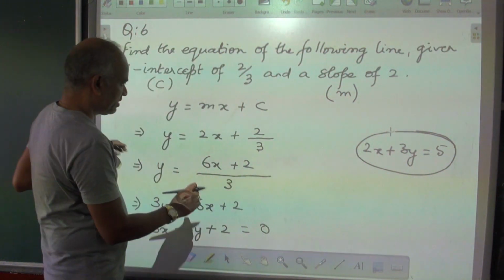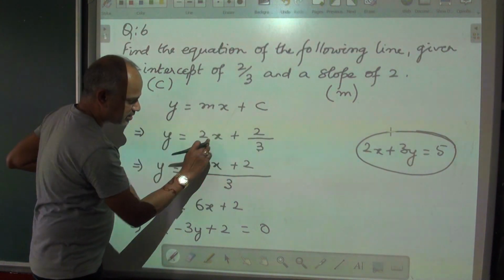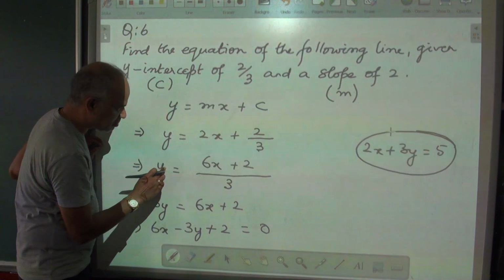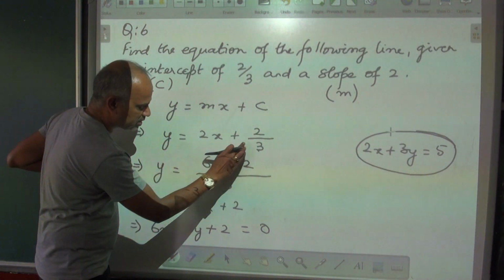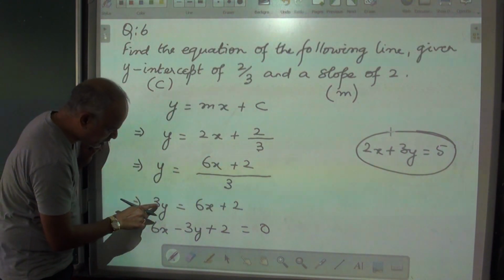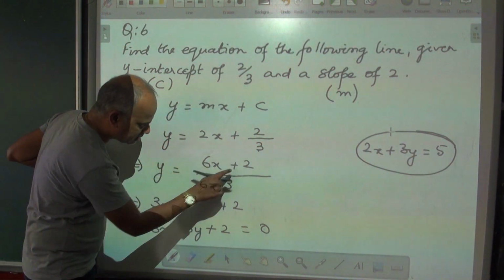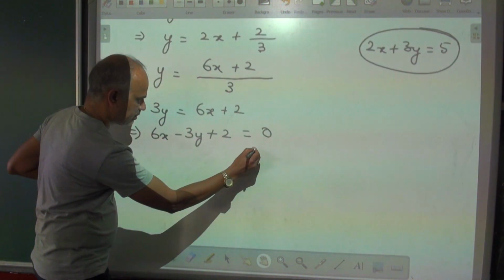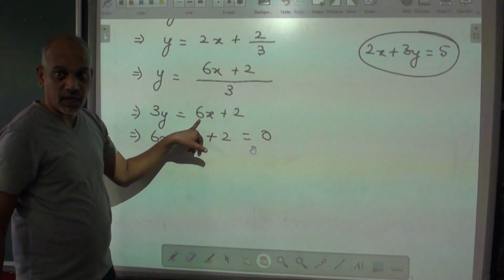Okay. So, to simplify this, I'm going to find LCM. LCM is 3. Y remains the same. This becomes 6x plus this is 2. Multiply the 3 here. That gives you 3y is equal to 6x plus 2. Now arrange this.